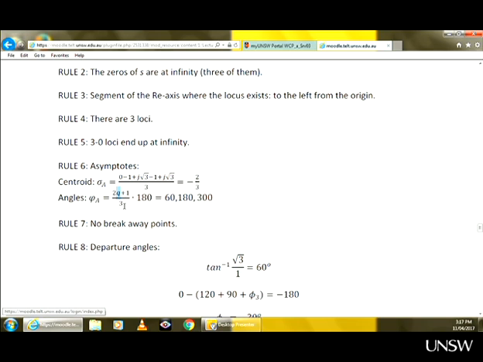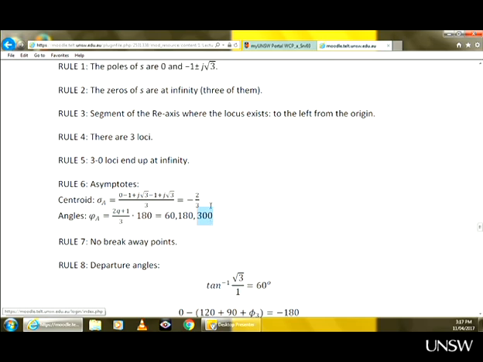When q equals 2, you have 5 over 3 times 180, which gives us 300. We can try again, and we'll get probably 420. But that is the same as 60. So we don't have to go beyond these three. And by the way, we already said that 3 loci will end up at infinity. That means we expect 3 asymptotes. Okay.